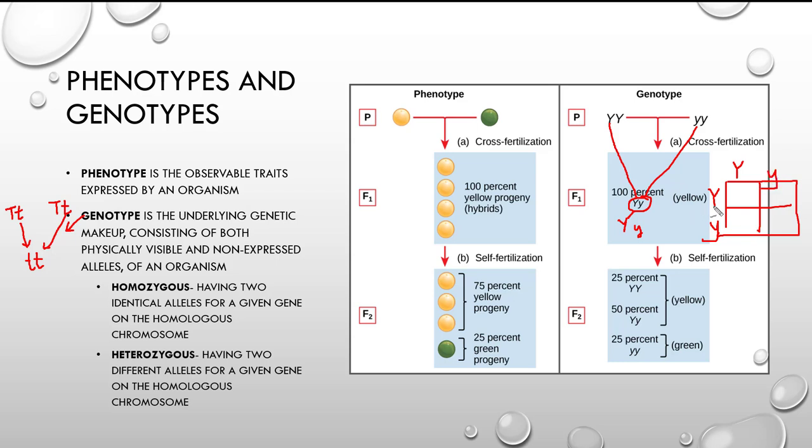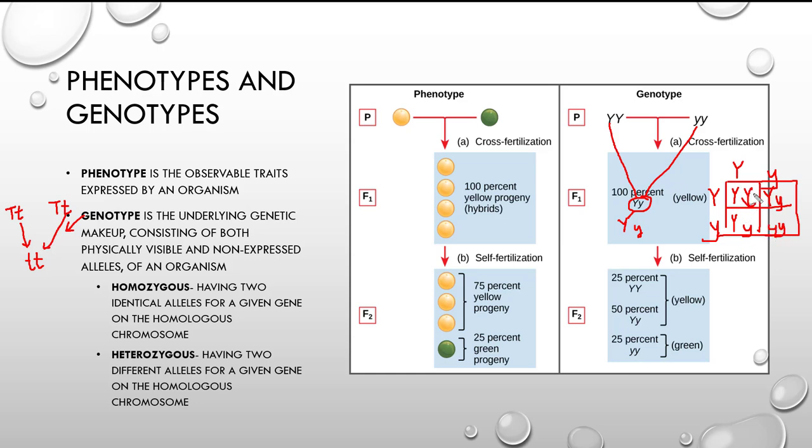So if I did this Punnett square, this Y I'd bring down, this Y I would bring down, this Y I would bring across, and this Y I would bring across. And this is the result of the Punnett square.